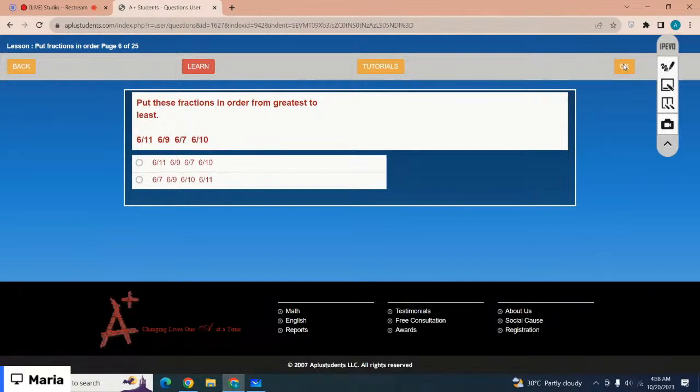Put these fractions in order from greatest to least: 6 by 11, 6 by 9, 6 by 7, and 6 by 10. So which is the correct option?